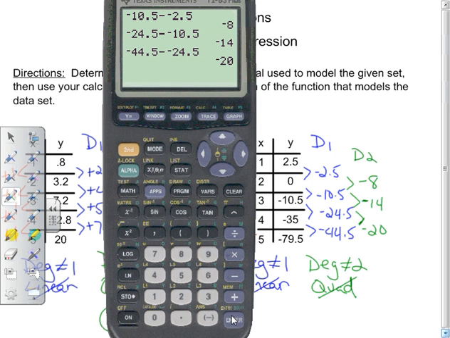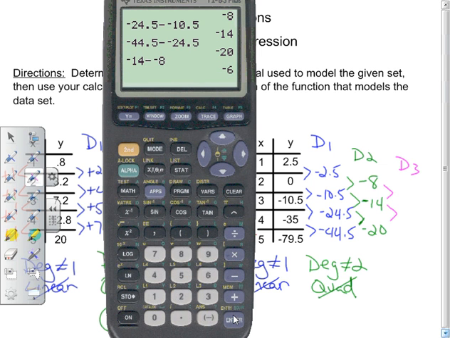So, continuing on, another color here, I'll do this in pink. The third order differences. We see that negative 14 minus negative 8 gives me a difference of negative 6. Negative 20 minus negative 14 also gives me a difference of negative 6.